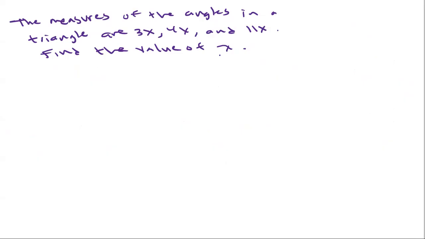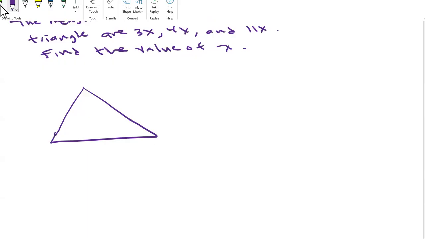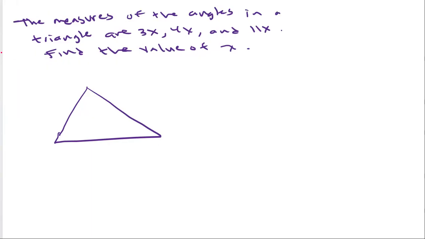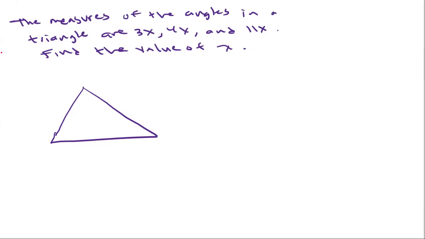So if we were to draw a triangle, again, this is not going to be drawn to scale. They tell us that say this is 3x, this is 4x, and this is 11x.